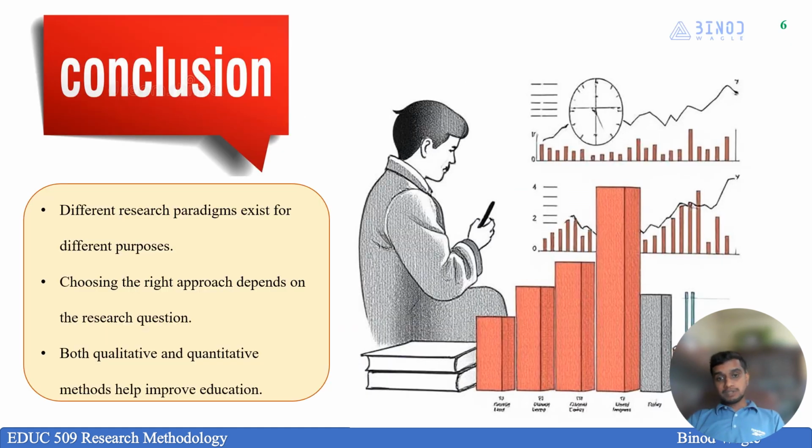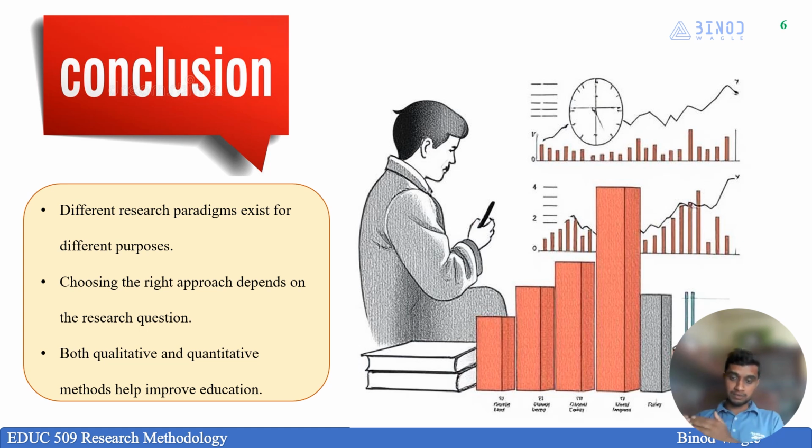In conclusion, we have discussed that different research paradigms exist for different purposes. Obviously, there are different types of paradigms for their own different purposes. Choosing the right approach depends on the research questions. We have to choose the right approach according to our research questions.